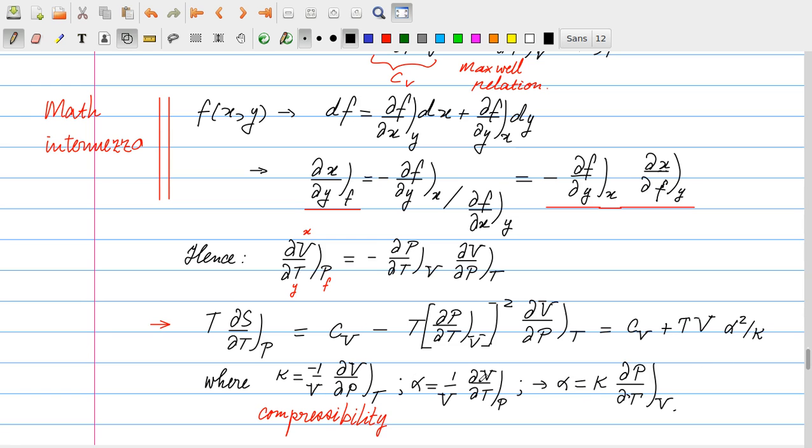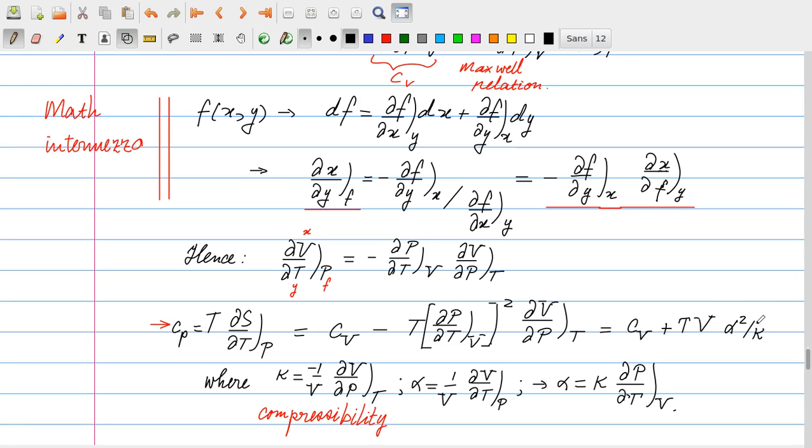And so using these definitions, it's easy to see that this complicated term here reduces to TV alpha squared over kappa. Now the details are here not that important. What is really important is that you realize that Cp, that's this term here, is not equal to Cv.